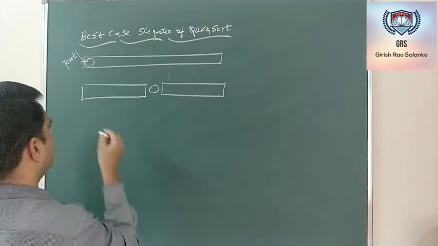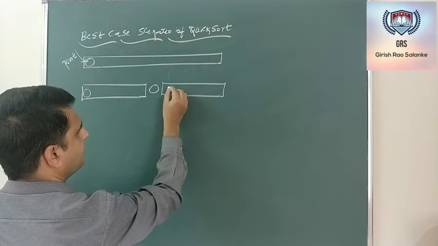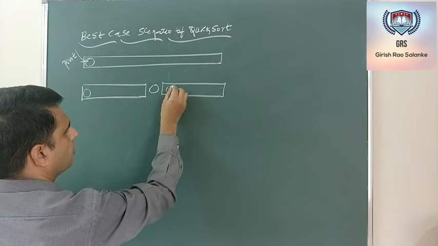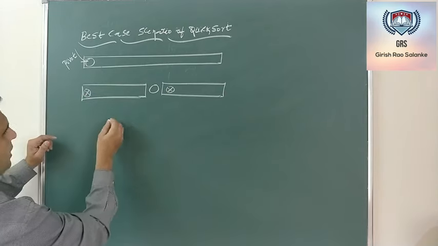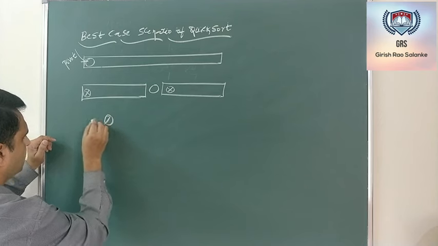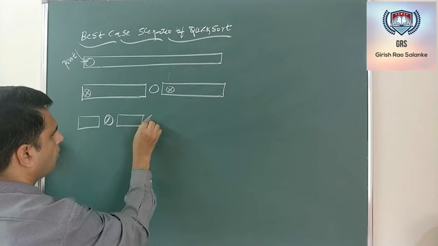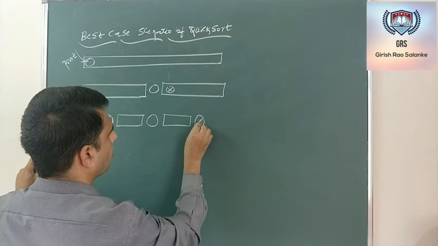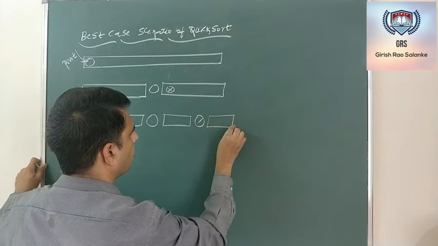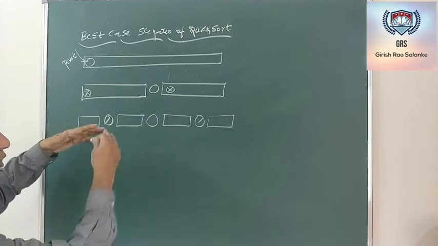Now for the next iteration, on the left hand side the first element will be the pivot, and on the right hand side the first element will be my pivot. If I do a partition on this, assume that it divides the array into two equal parts. Now on doing a partition here, assume that it divides the array into two equal parts.